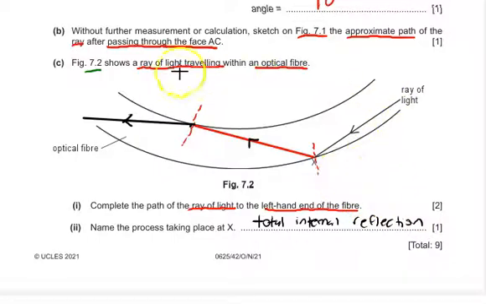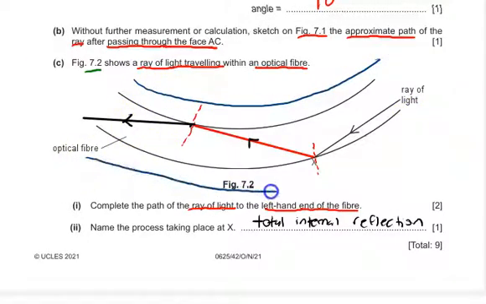Normally for the optical fiber you will have two layers, so let me explain it further. Normally you'll have these two layers. This is layer 1, and in the middle you have layer 2.